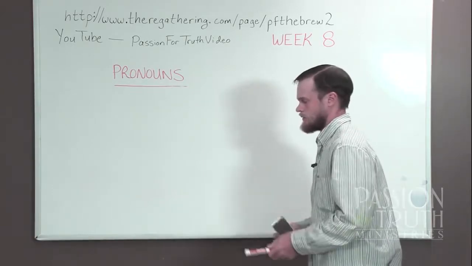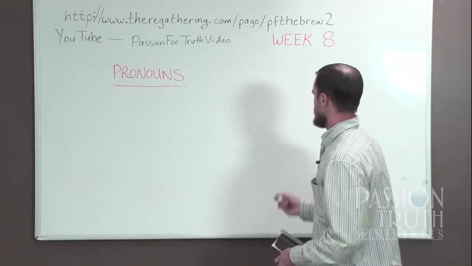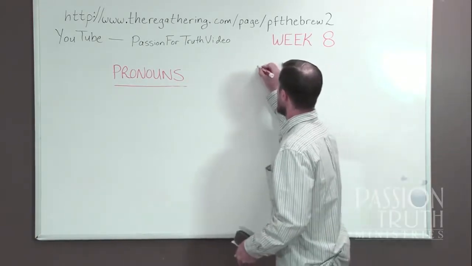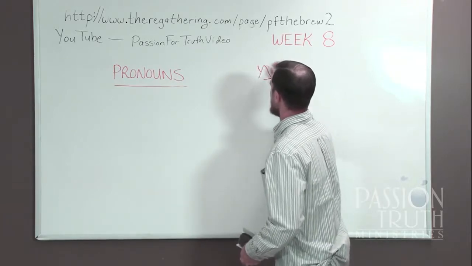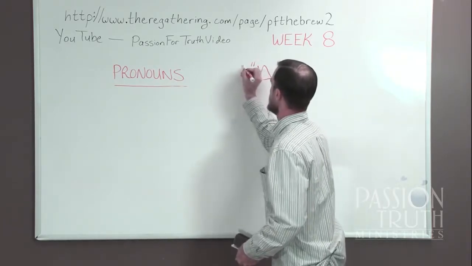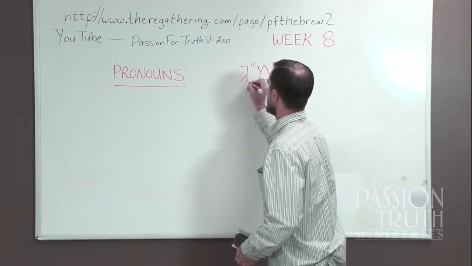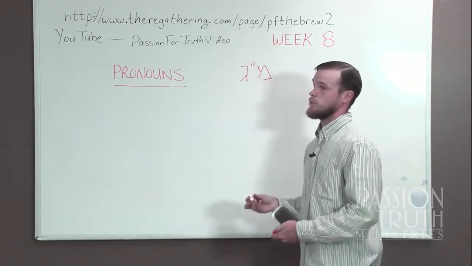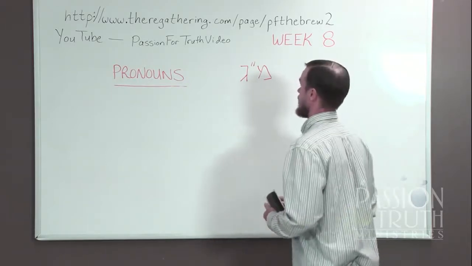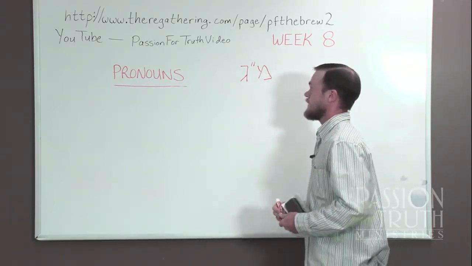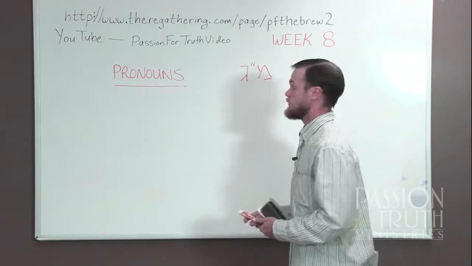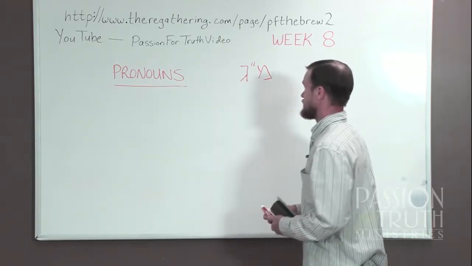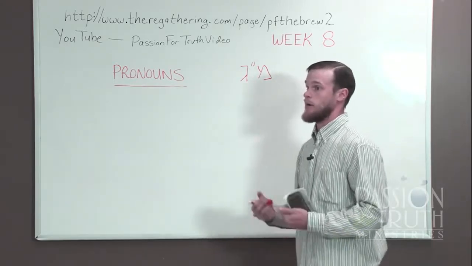Oh, and again, if you look up a pronoun in a dictionary, it will be noted like this: mem double hash mark gimel. It stands for milat guf. Milat guf is a pronoun, and it literally means name of a body.